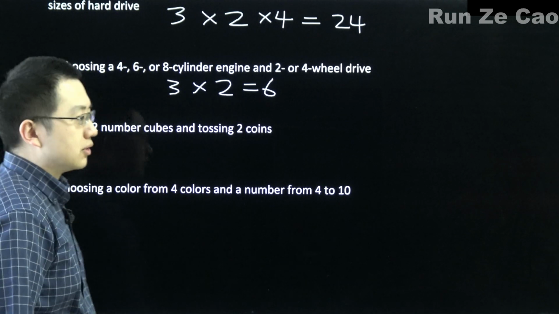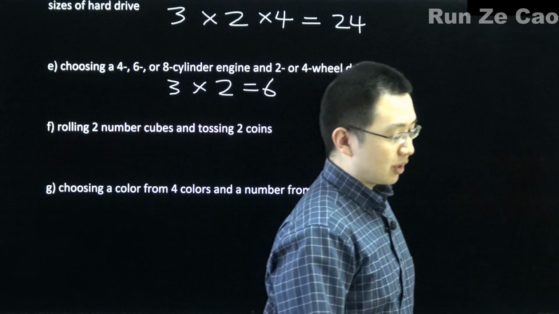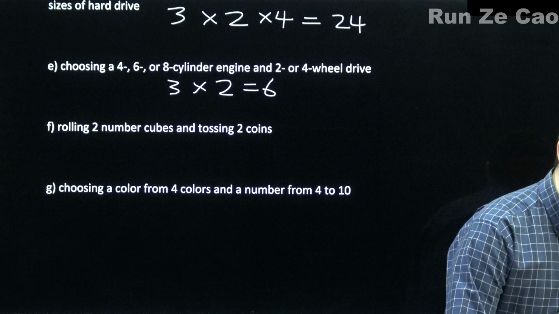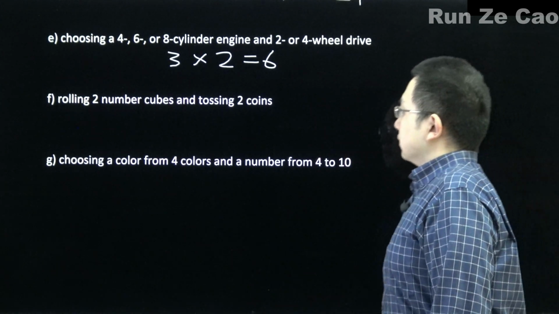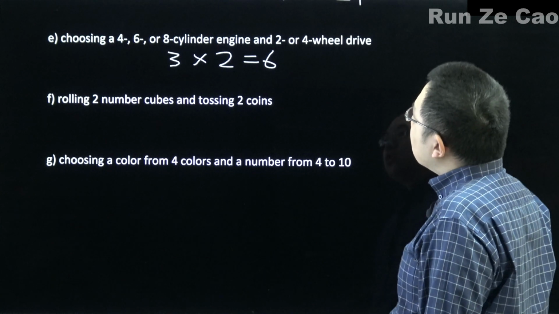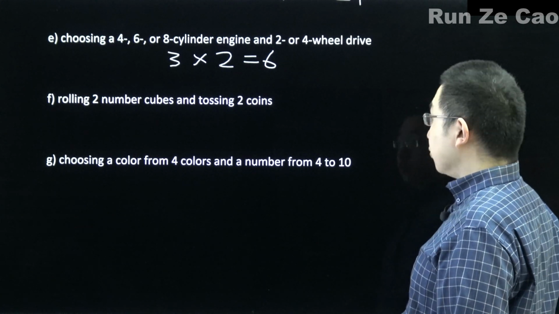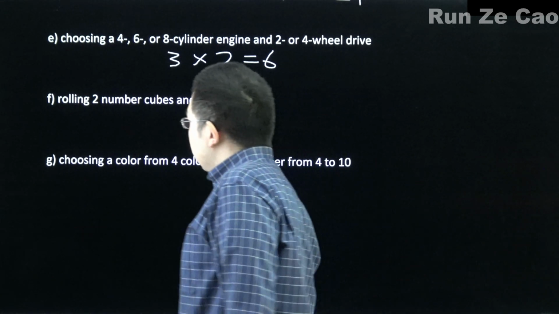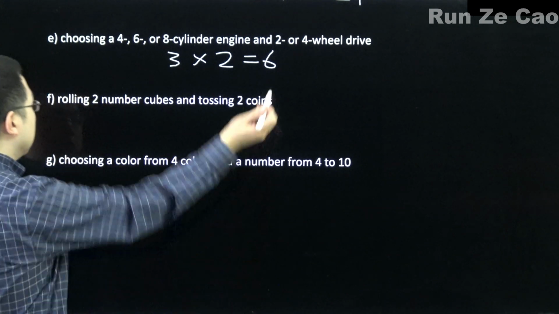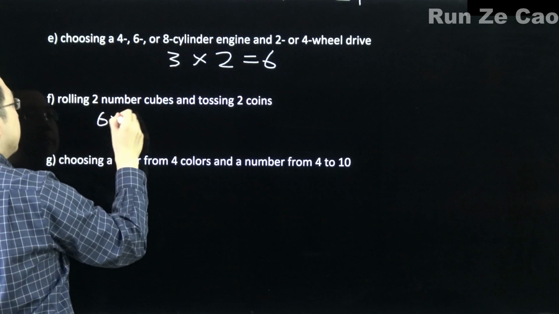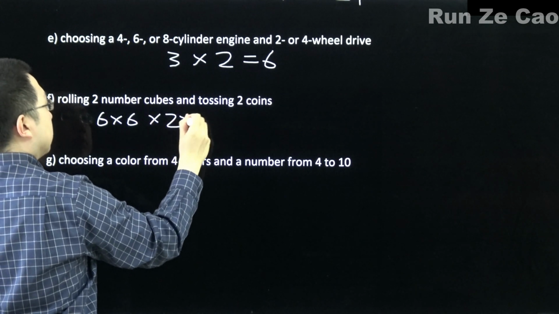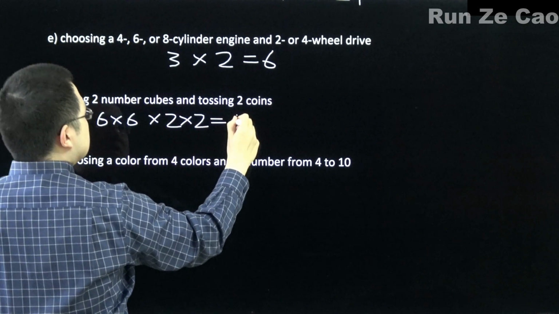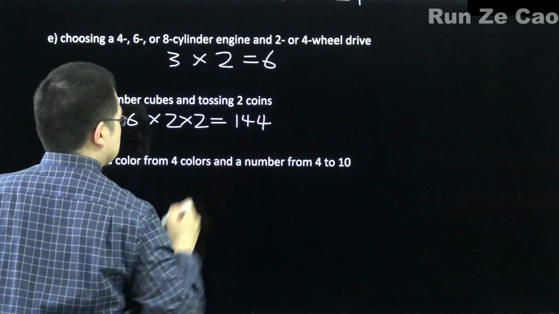Yeah, best not use the term combinations too much because we're going to be using that later for a more technical idea. All right, rolling 2 number cubes and tossing 2 coins. If we're rolling 2 number cubes, that's going to be 6 times 6, and then tossing 2 coins times 2 times 2. This is equal to 144.